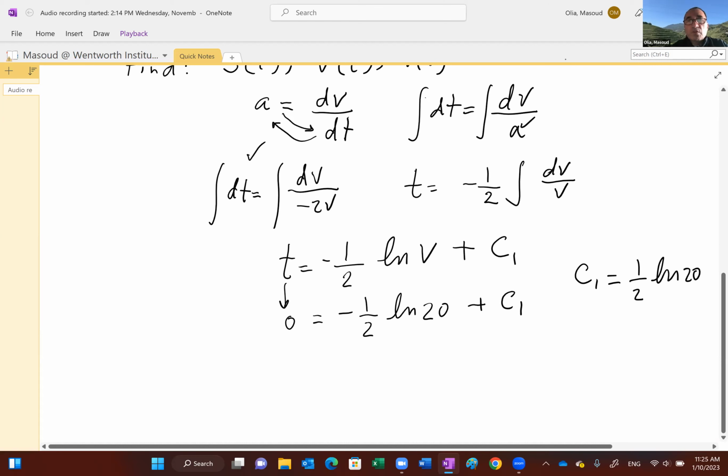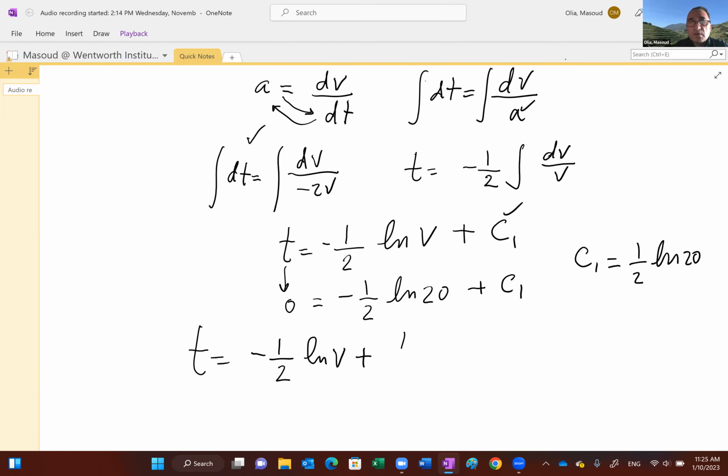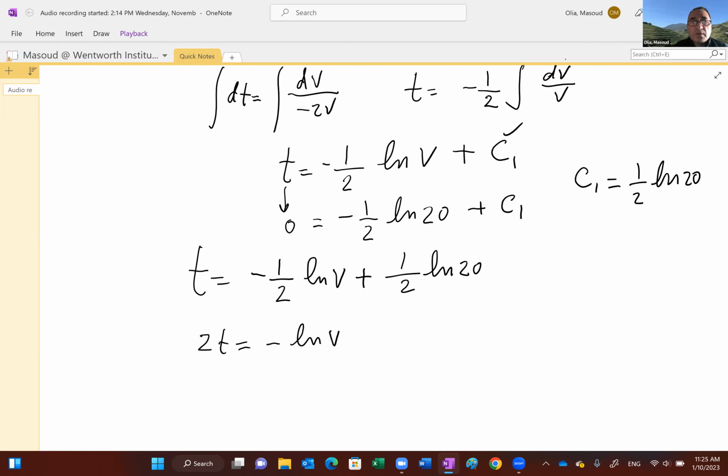So if I rewrite this now as t equal -1/2 log v plus c1, which is now 1/2 log 20, I can make this a little bit cleaner. First of all, I can multiply everything by 2. So I get 2t equal minus log v plus natural log of 20.